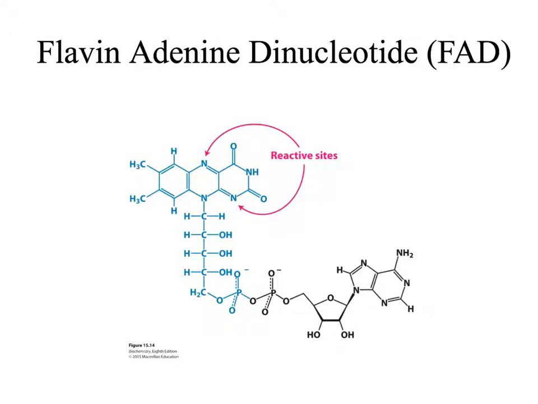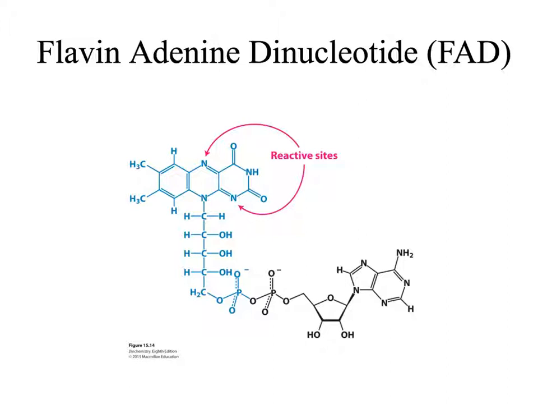Another of these electron carriers is flavin adenine dinucleotide, FAD. This is another major electron carrier. FAD is the oxidized form, and FADH2 is the reduced form. This substance gains electrons to become FADH2.